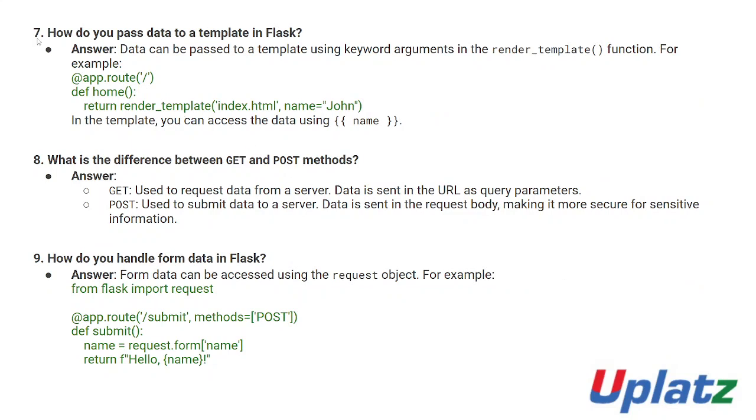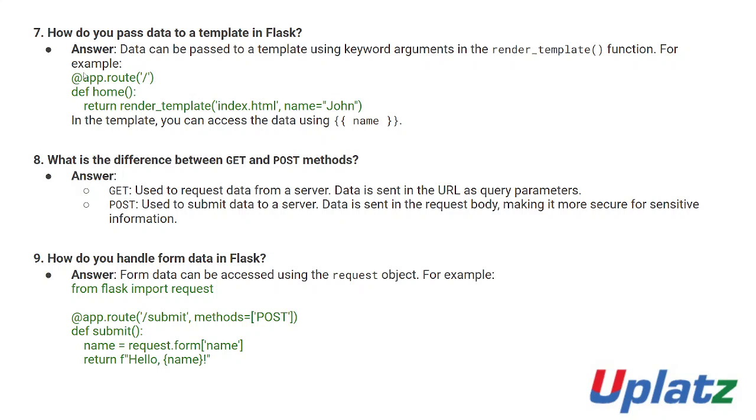7. How do you pass data to a template in Flask? Answer. Data can be passed to a template using keyword arguments in the render_template function.